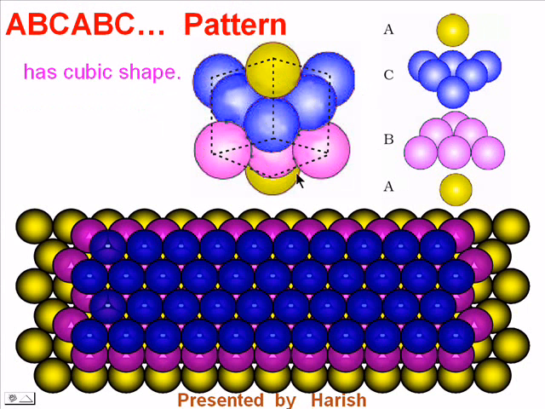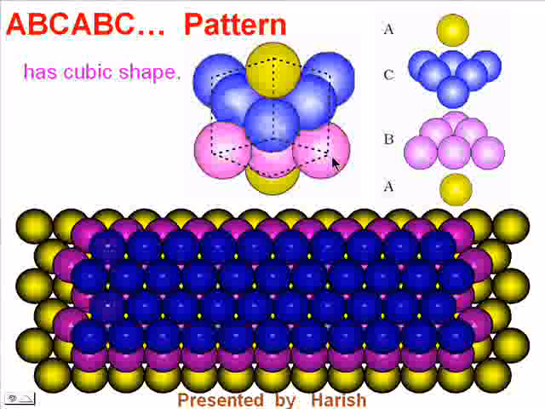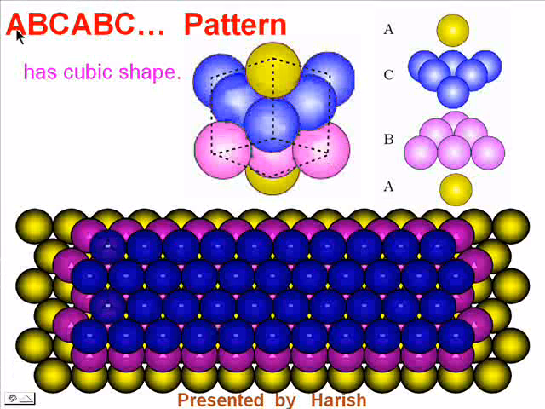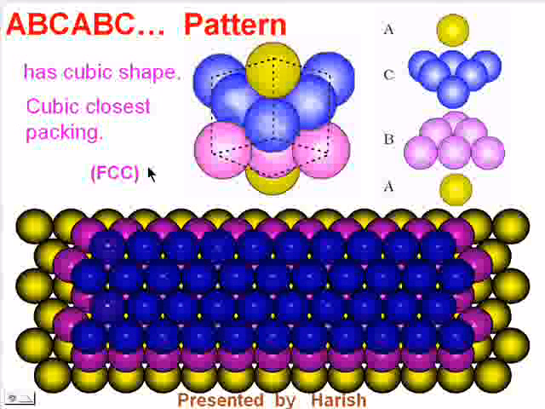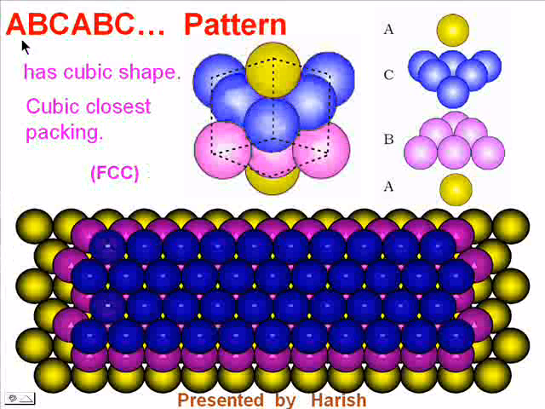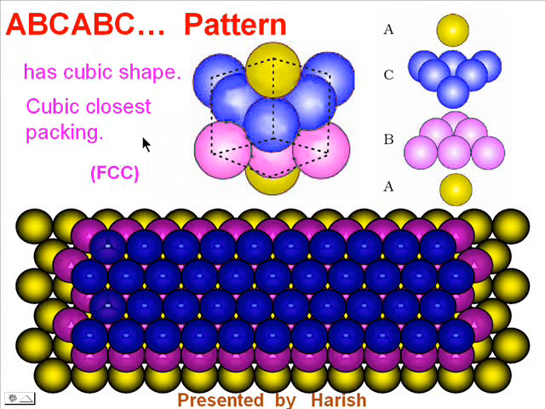It's not going to be easy. So right now, try to understand that ABC is a cubic shape. In fact, it's an FCC, cubic closest packing. The ABC type pattern is FCC, and AB is HCP, hexagonal closed packing. ABC is a cubic arrangement. AB is a hexagonal arrangement.